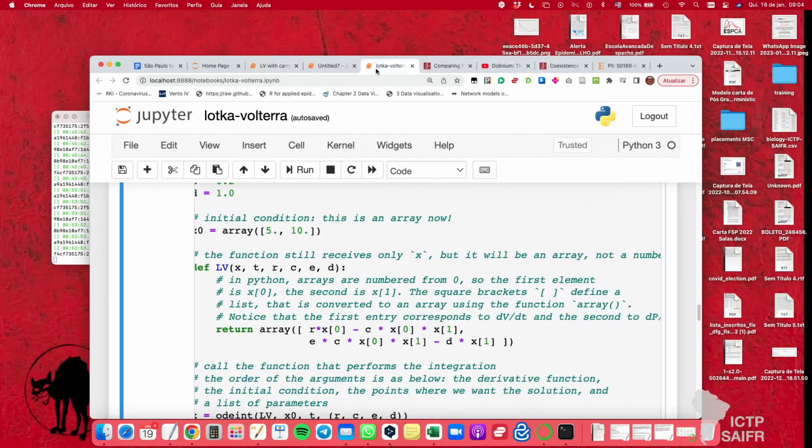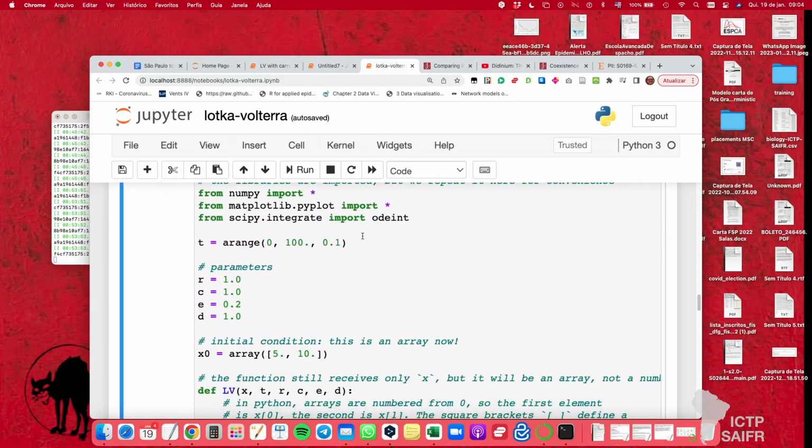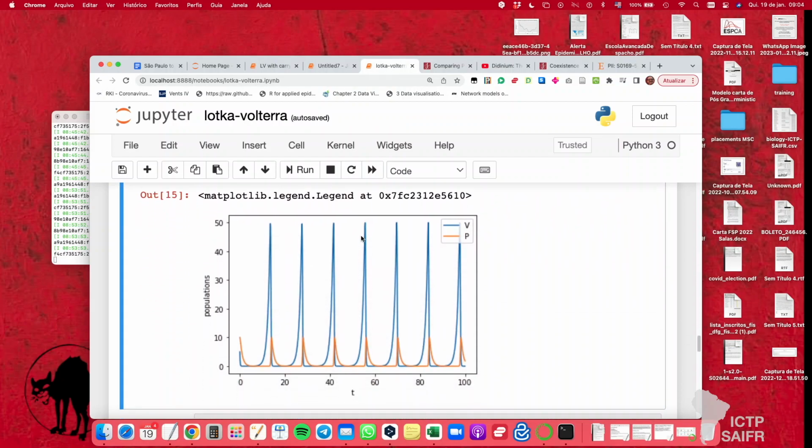This was an example of solutions which oscillate in time, but it's far from being a sine or cosine oscillation, which are the most common things you see in physics, like a pendulum or a spring. Here it's not, but it has the same property that it goes up and down and repeats itself.